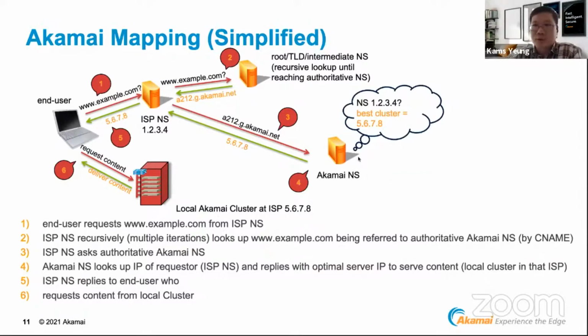And there are also a lot of other factors besides the DNS IP. We are also basing it on the memory utilization, server loading, content type, etc. But this is a very high-level overview of how we do the DNS mapping. So there's one step, the DNS lookup to look up the IP address, and a second step to actually deliver the content through HTTP or HTTPS.